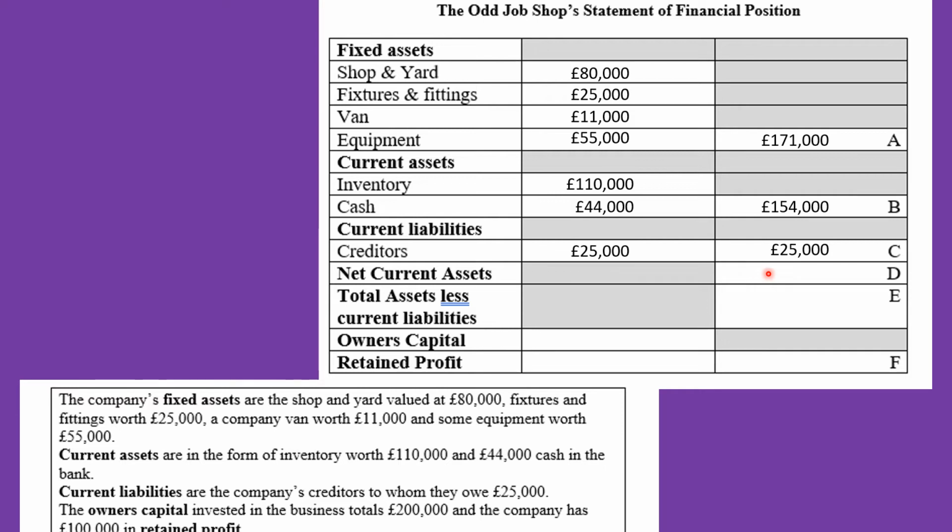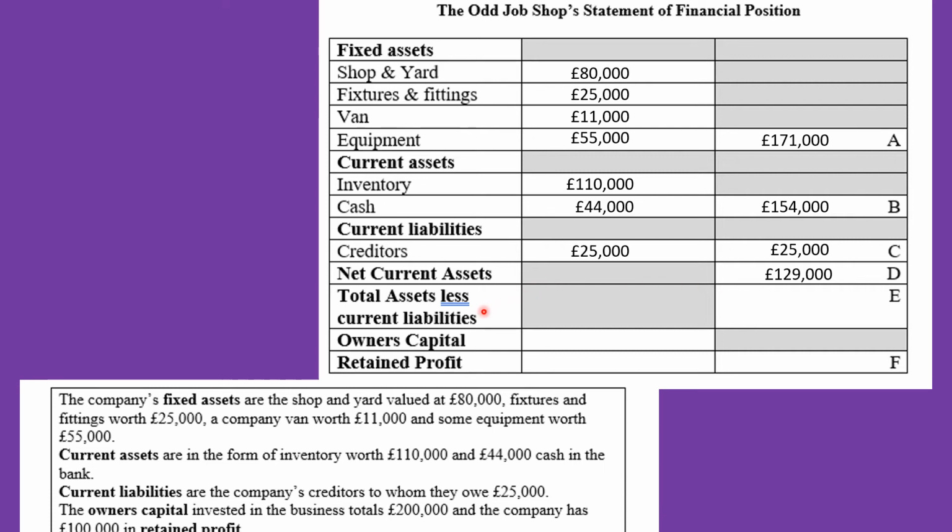So what we do is we take B and we minus C and it will give us D. And in this case, they have £129,000 worth of net current assets. That means they have £129,000 more than they require to pay their liabilities, which is good for this business. It shows they're in good health. If it was negative, it would mean they didn't have enough money to pay their bills and they'd have to look and take some actions to make sure they could.